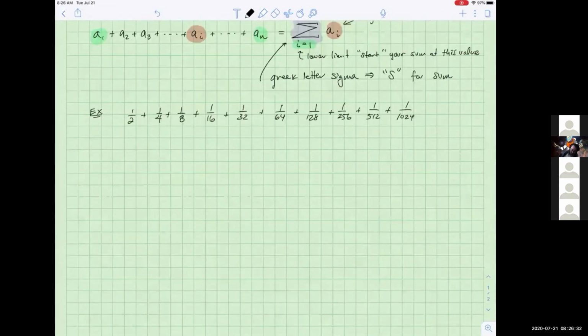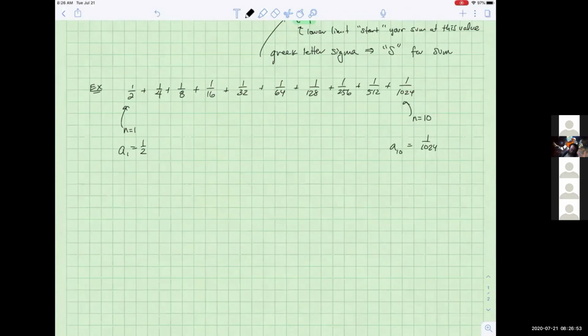So if this is the n equals 1 term, and this is the n equals 10 term, what we have here is a sub 1 equals 1/2, a sub 10 equals 1 over 1024, and what we notice here is the denominator is going up by a factor of 2 each time, and so the general ith term here is a simple power of 2 in the denominator. Whoops, that should be an i.